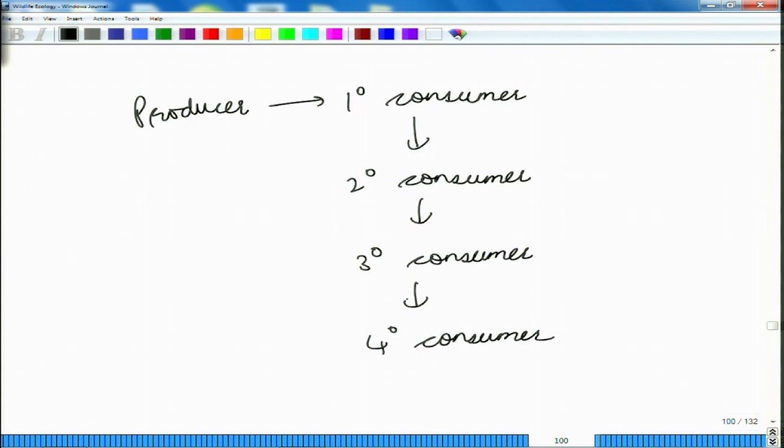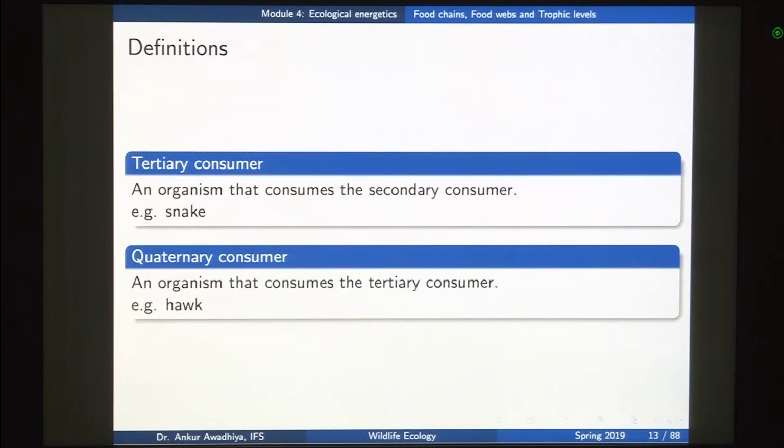So, a tertiary consumer is somebody who eats a secondary consumer, an organism that consumes the secondary consumer. An example is a snake. And a quaternary consumer is an organism that consumes the tertiary consumer, such as the hawk.